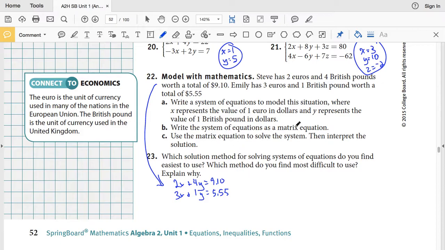All right, so we're going to write this system of equations as a matrix equation. So let's go ahead and do that. In this case, it's just our coefficients of 2, 4, 3, and 1 times matrix x, y, is equal to matrix 9.1 and 5.55. And let's go ahead and we'll solve for x and y.